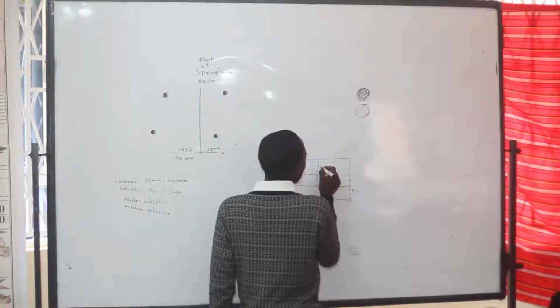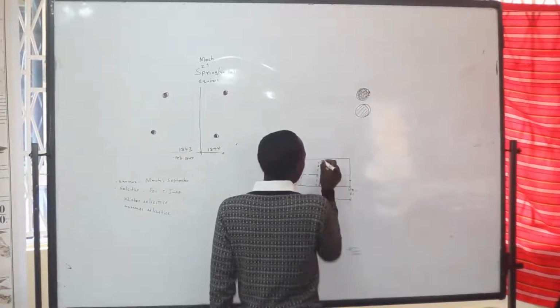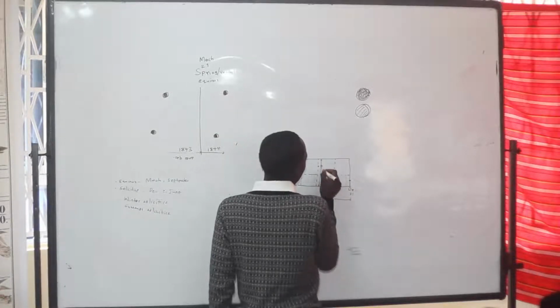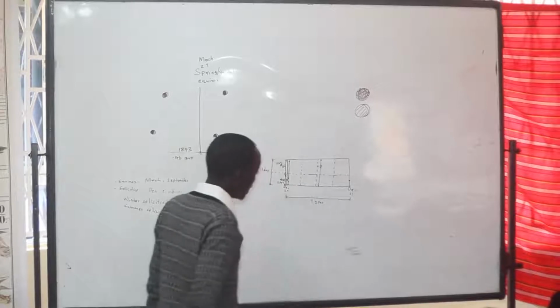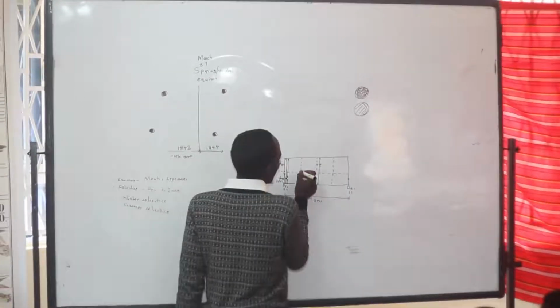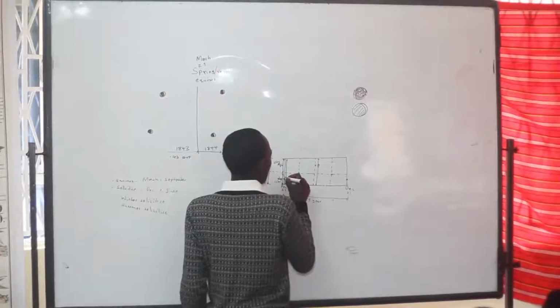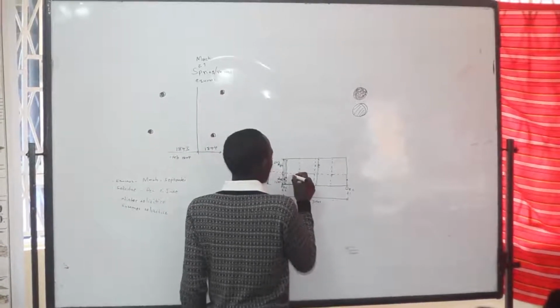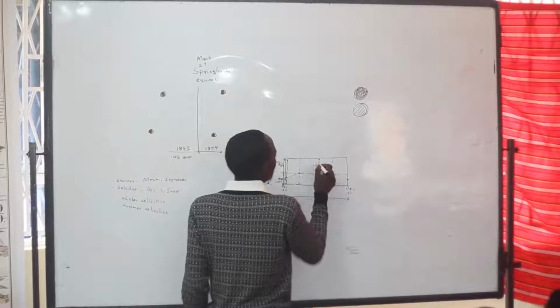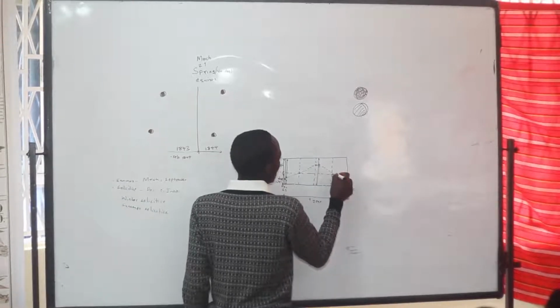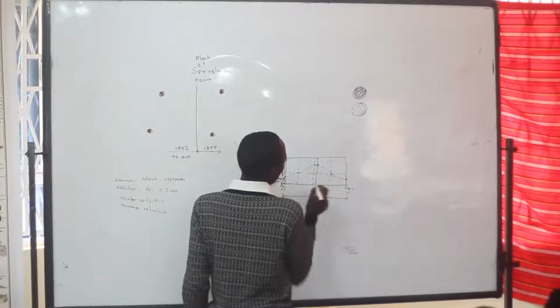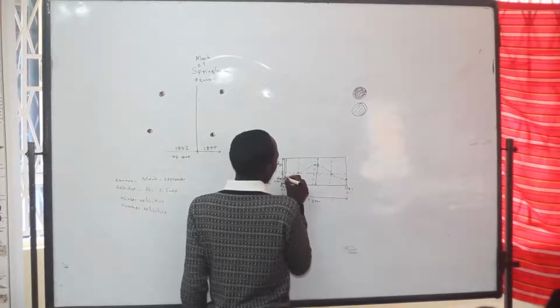The longest day and the shortest night. Then this one we're going to have at this point, and this one we're going to have at that point. So that if we drew something like that.